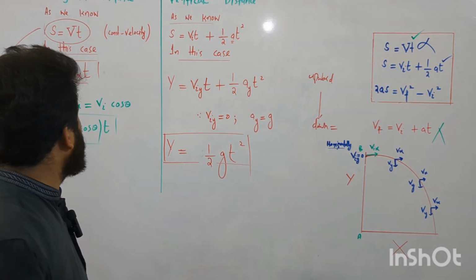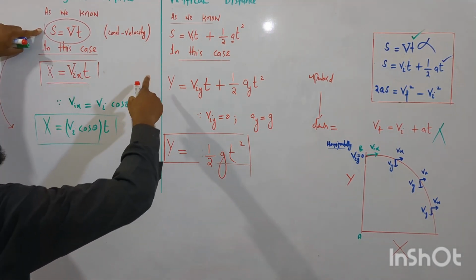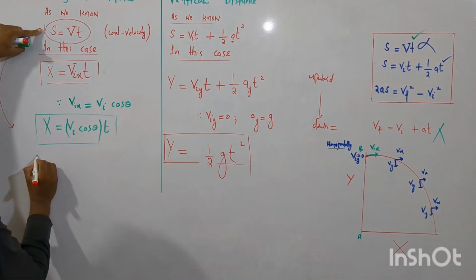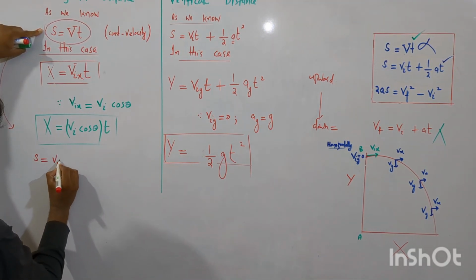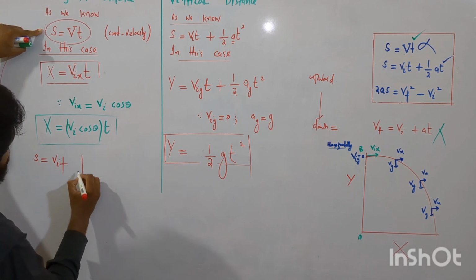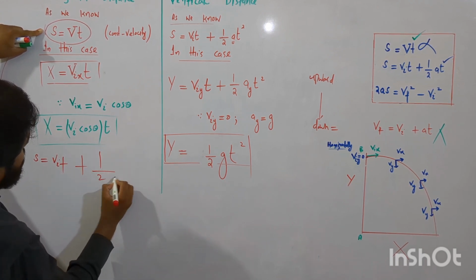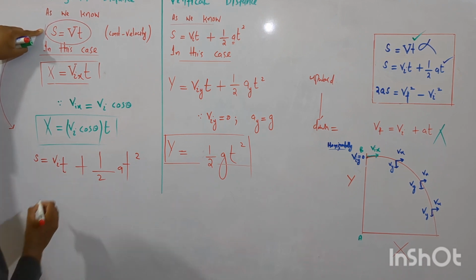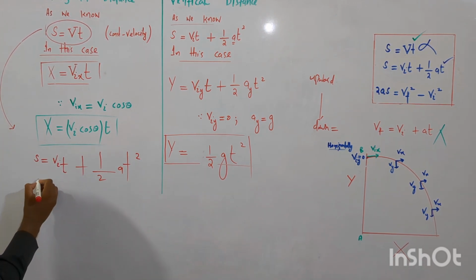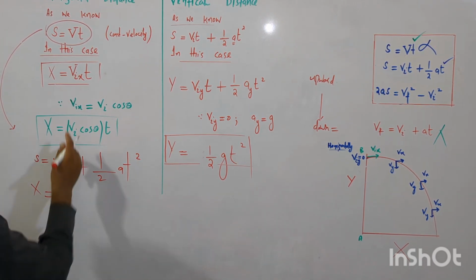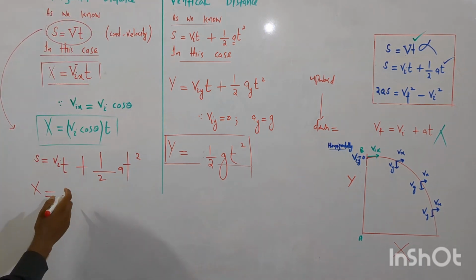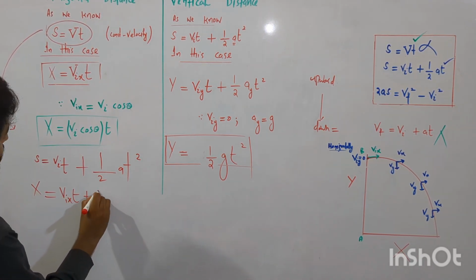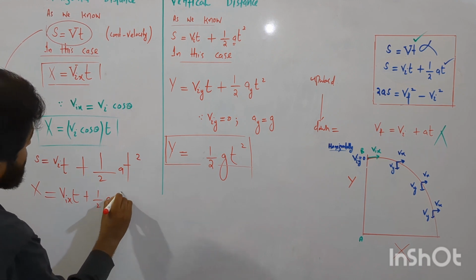One can also apply this formula in this case. For example, S is equal to Vit plus half at square. So for horizontal distance, x is equal to Vix t plus half ax t square.